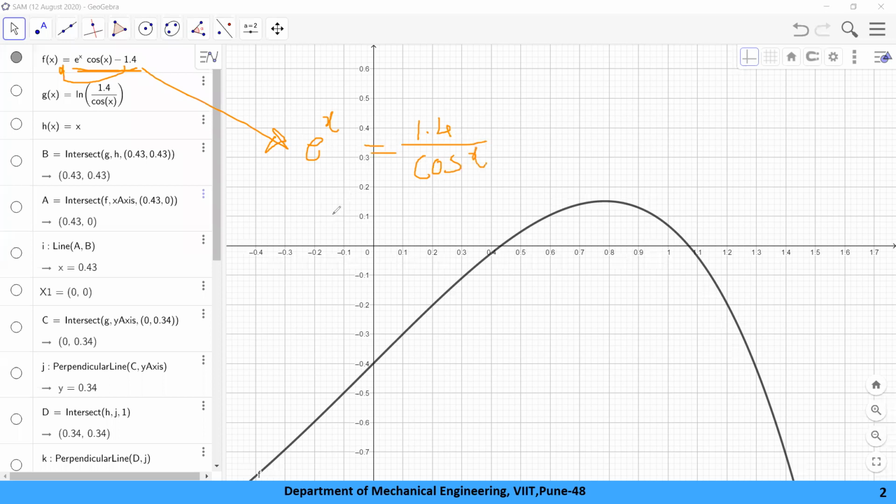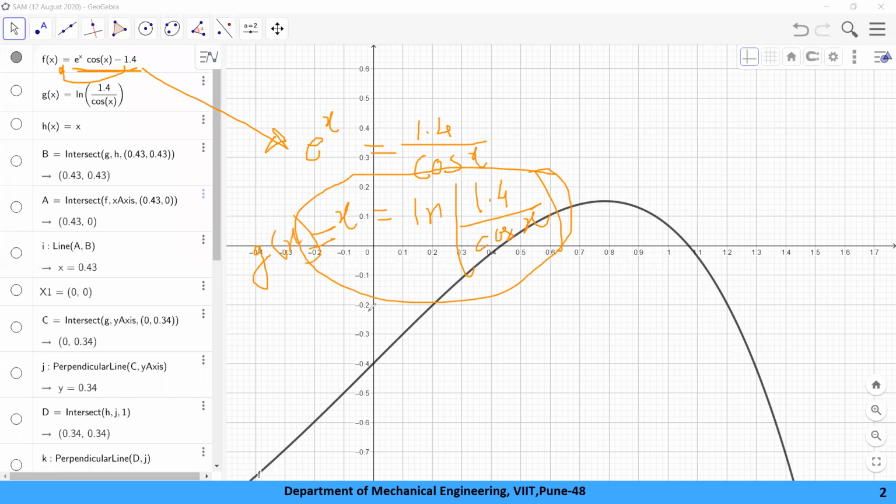So I'll take the log of this, so log of e^x becomes x, and here this is log of 1.4 divided by cos(x). Okay, so this is my g(x). I'll treat this function as g(x).